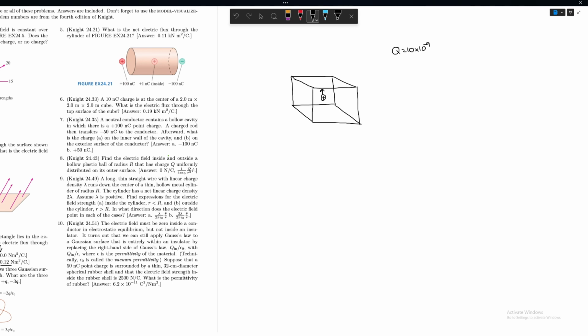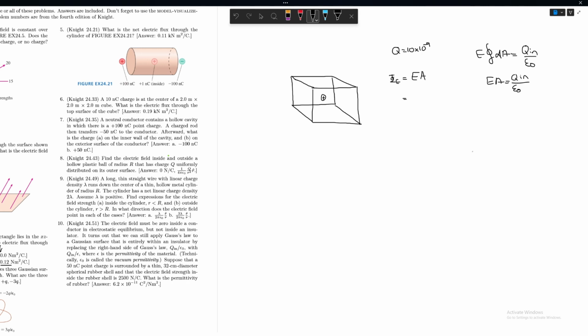Okay? And so if this was creating an electric flux upward, actually, let's check the electric flux all around it. How much does it create in total? Well, we know electric flux equals E times A. And what Gauss's law says is that the electric field at a certain point, so the integral of E dA equals Q_in over epsilon naught, which is just EA equals Q_in over epsilon naught.